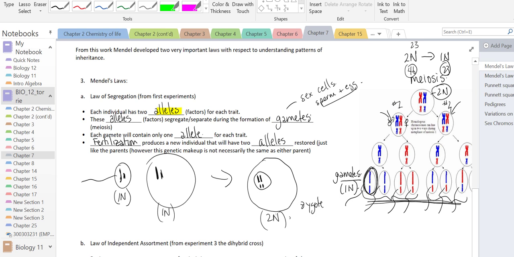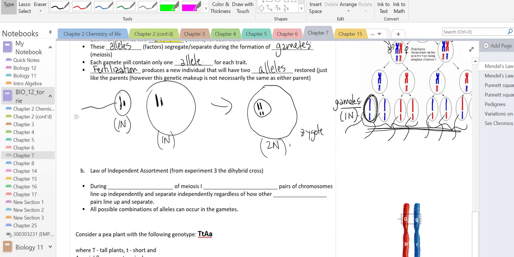All right, so this is the law of segregation. And the second law developed by Mendel was from experiment 3, the dihybrid cross.